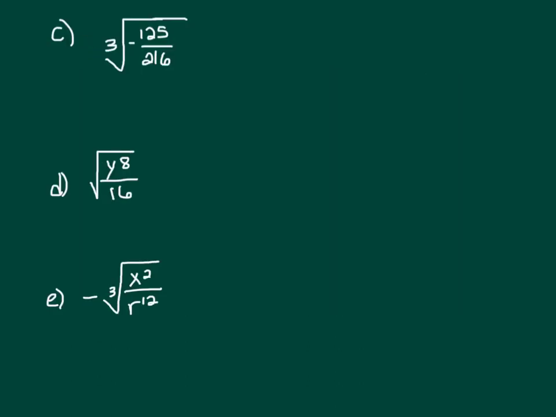On C, we're finding the cubed root, so this would be a good time to take out your list of perfect squares, perfect cubes, perfect fourths, so that you have that to refer to. So we're going to rewrite it as the cubed root of negative 125 over the cubed root of 216.